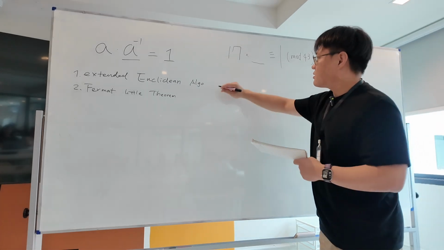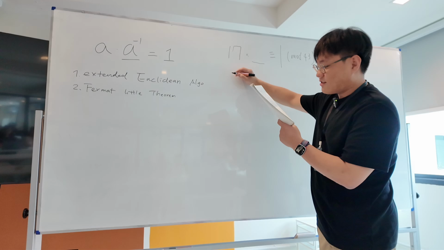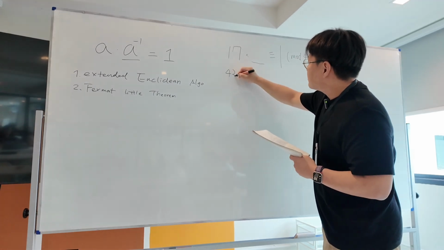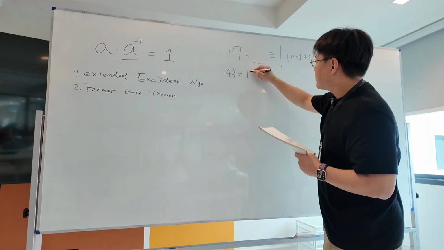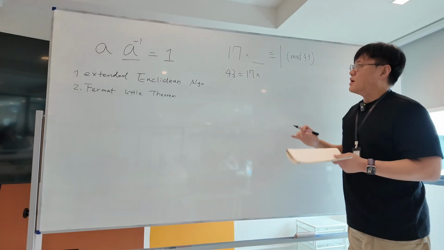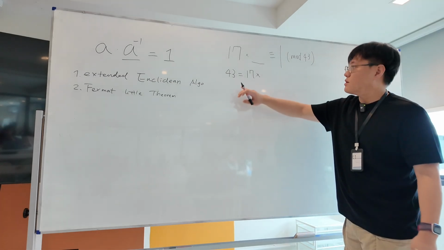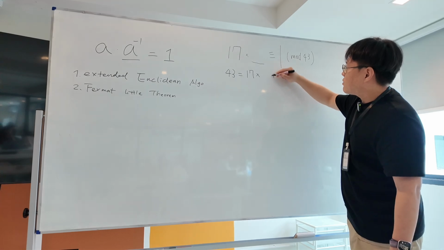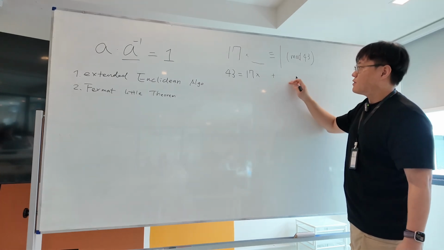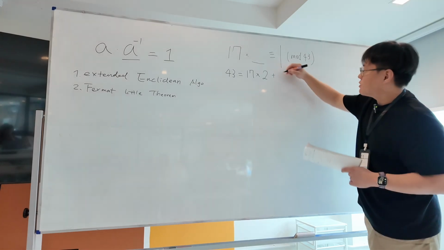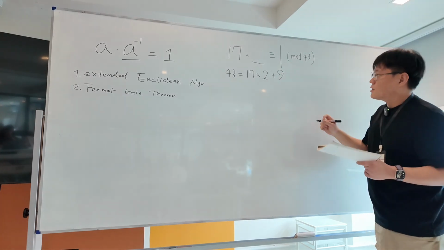So let's use the Euclidean algorithm now. First we do things like this. We want to get the largest multiple of 17 that fits, such that the remainder is also positive. So this will be 2, and the remainder will be 9.